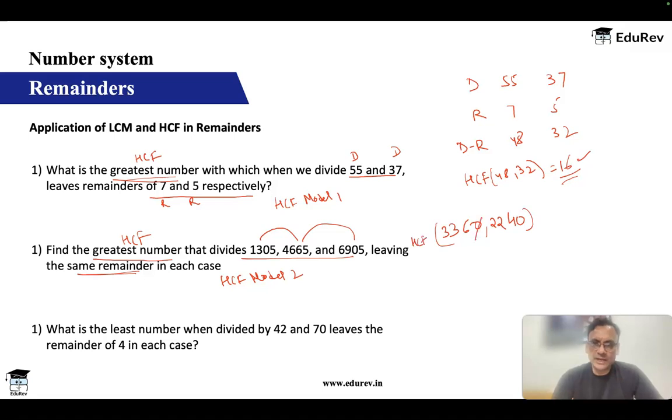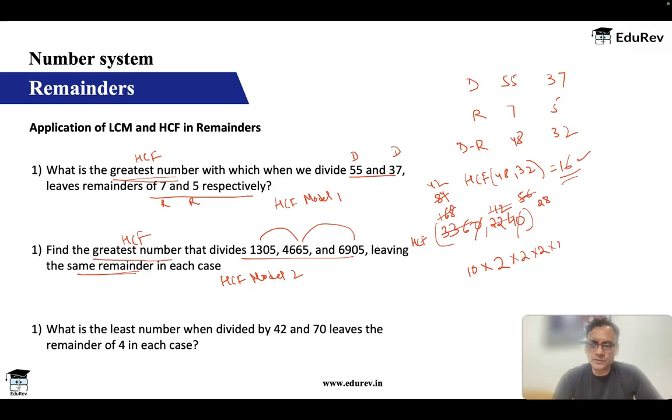So 10 is common, so let's take 10 out. Then 2 is common, so I have 112 and 168. One more 2 is common, 112 becomes 56 and 168 becomes 84. One more 2 is common, 56 becomes 28, 84 becomes 42.